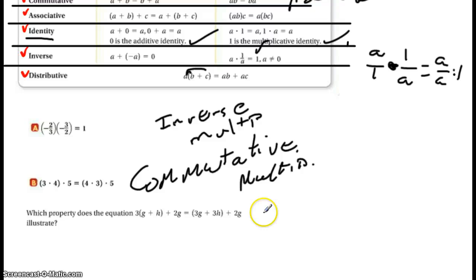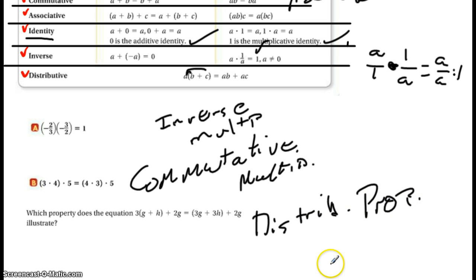Hopefully this one was straightforward and you knew that it was the distributive property for multiplication. Now, if you didn't see that, think about this. This is 3G here and 3H here. That was a simple distributive property.